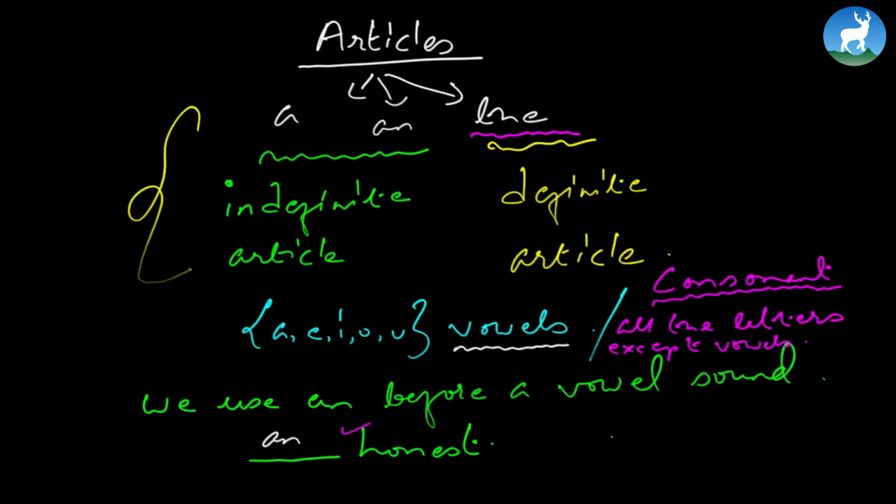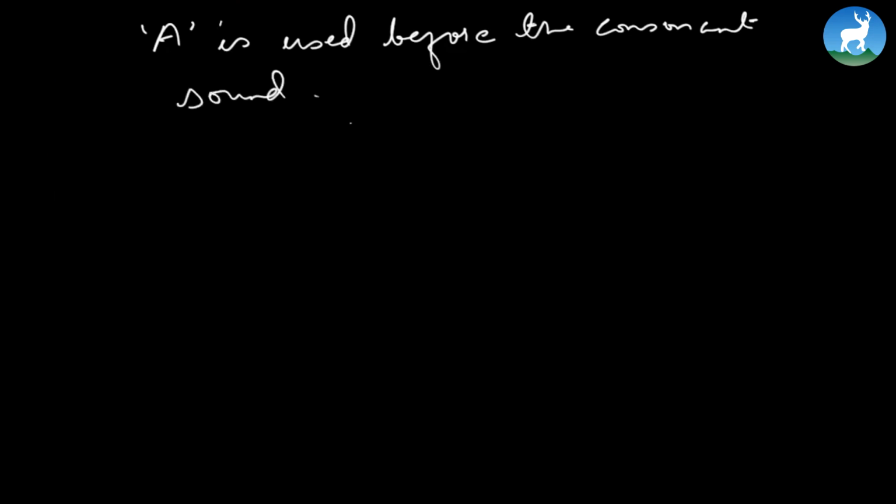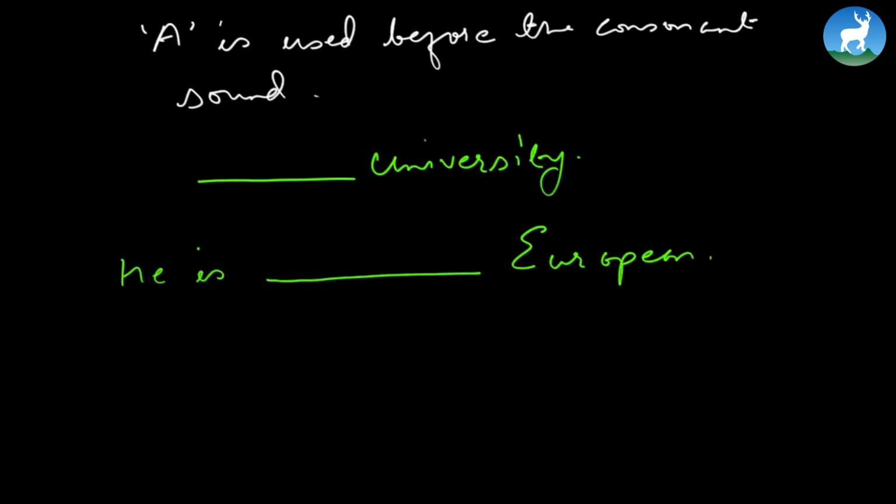Now, on the other hand, let's move further. "A" is used before the consonant sound. For instance, let's say we've got one of the examples here. What article, if given an option between "a" and "an," are you going to put here? Look at this. U, again, is a vowel. But here we're talking about sound, the phonic sound, the very beginning of the pronunciation.